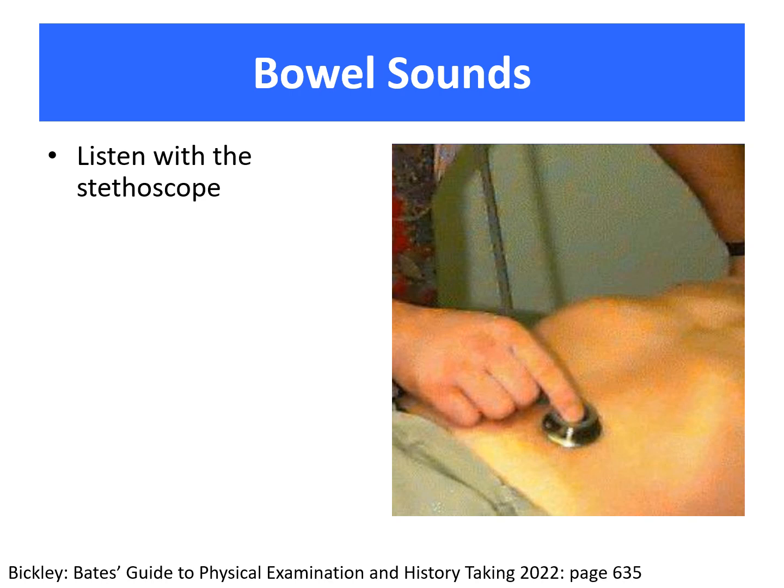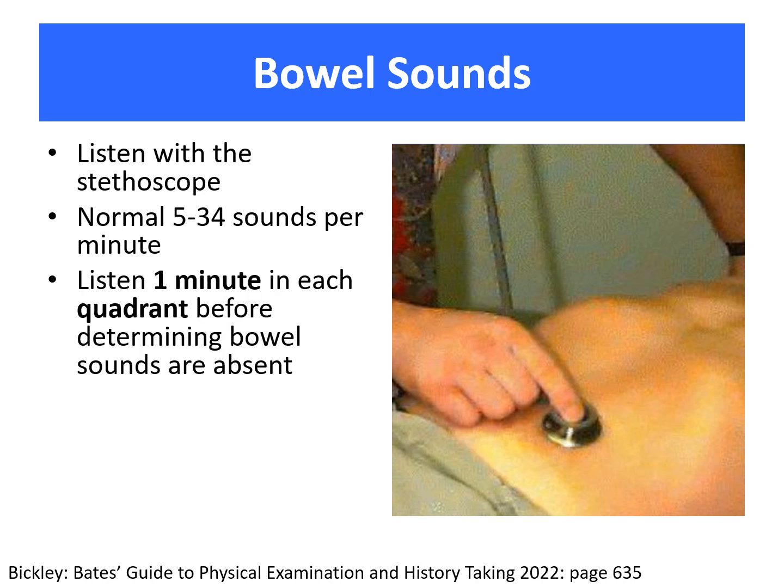We talked about listening for bowel sounds with the stethoscope. We're going to use the diaphragm. We're going to remember that the normal range for bowel sounds is between 5 to 34 sounds per minute. This is what Bates' Guide to Physical Examination and History Taking says.